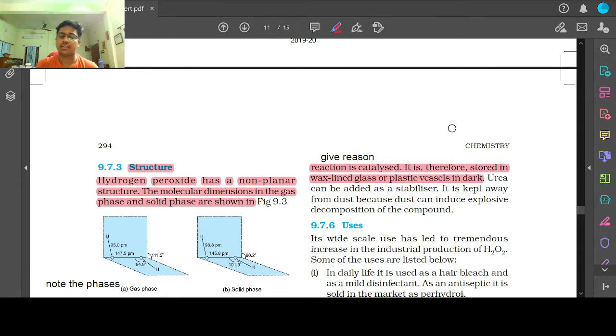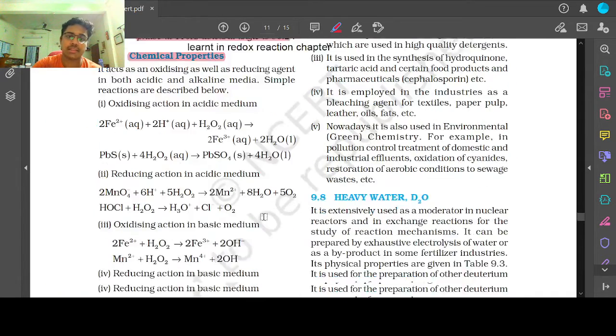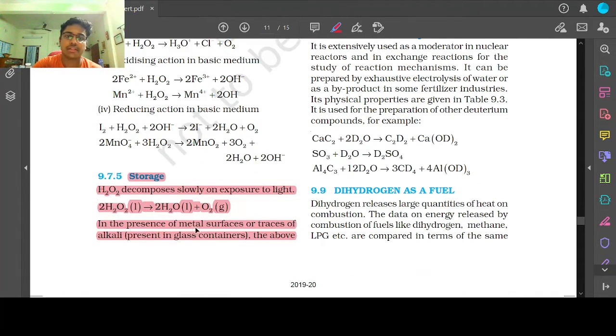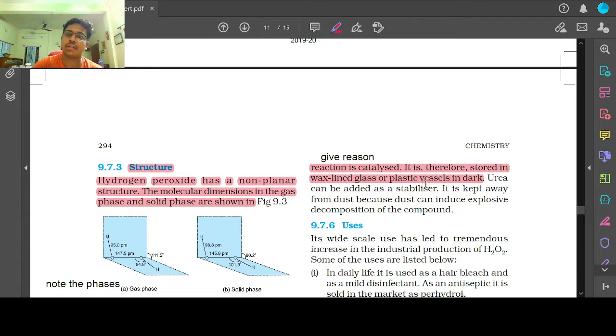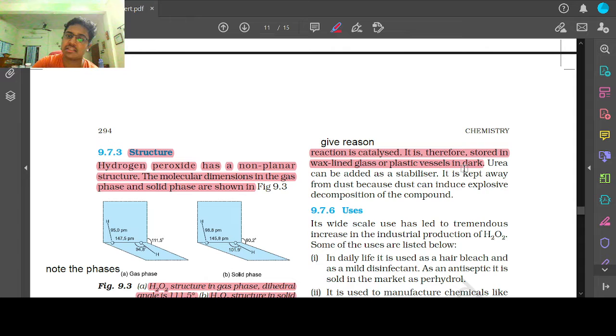You have to justify that in the presence of light it slowly decomposes, and in the presence of traces of alkali or metal surfaces, the reaction is catalyzed. Hence, we cannot store it in metal or ordinary glass containers. Wax-lined glass or plastic vessels in the dark are used because we also need to stop the exposure to light, since light also acts as a catalyst in this case.